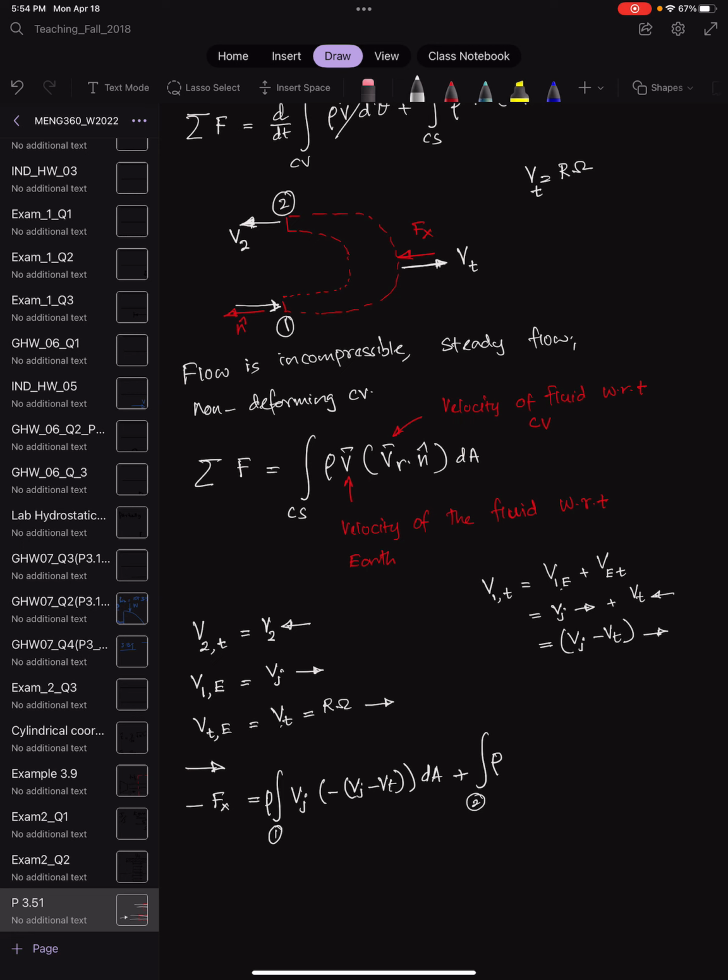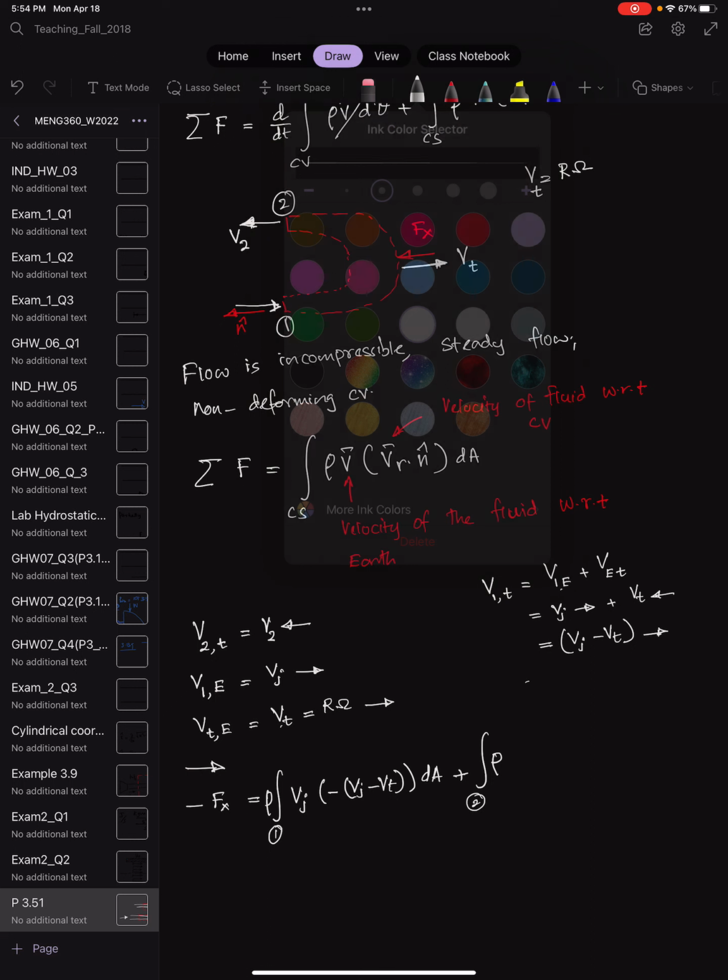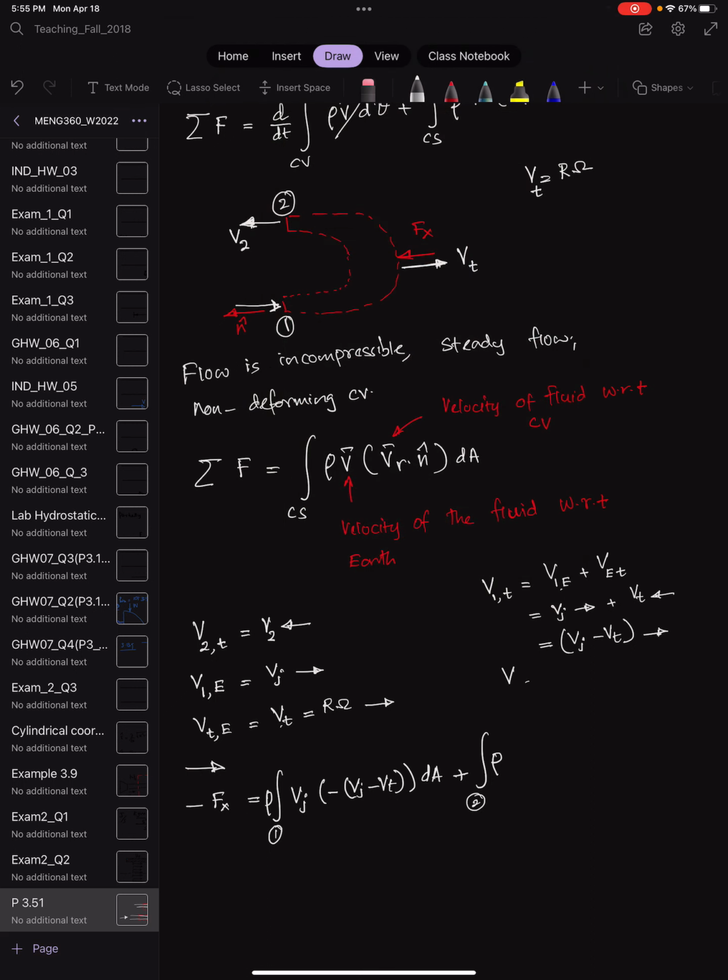To find that, we can use the same equation that we used here. V2 with respect to Earth is equal to V2 with respect to turbine plus V turbine with respect to Earth. So in this case, this component is V2 into this side.